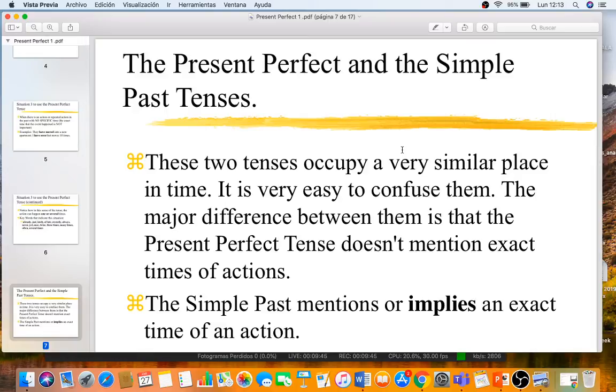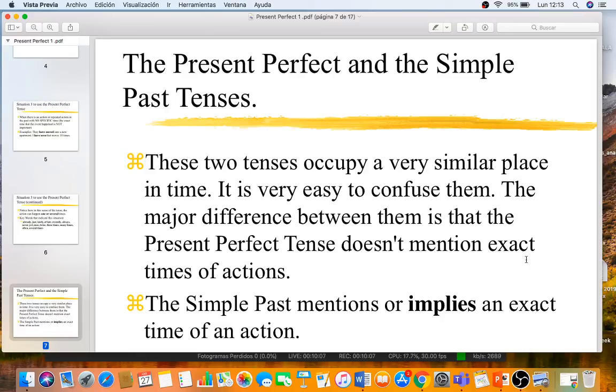So we need to make the difference between present perfect and simple past. In the simple past, we know exactly the time of an action, and the present perfect doesn't mention the time of the action. As we said, we know it happened in the past, but we don't know exactly when.